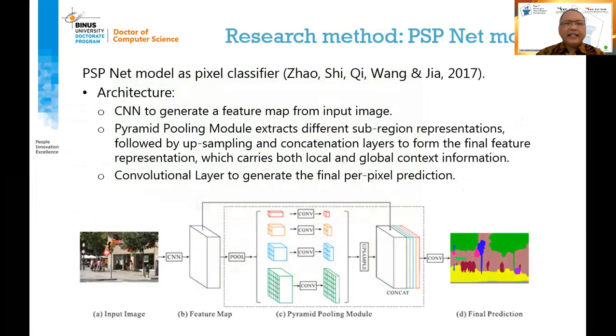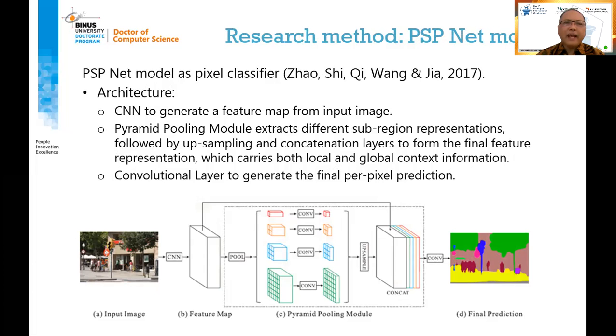From the architecture perspective, the PSPNet model, which was proposed by Zhao et al. in 2017, consists of three parts. First is the convolutional network, which produces a feature map from the input image.